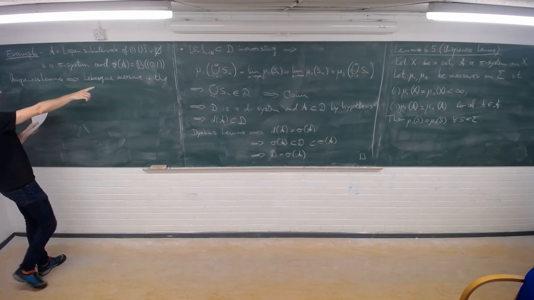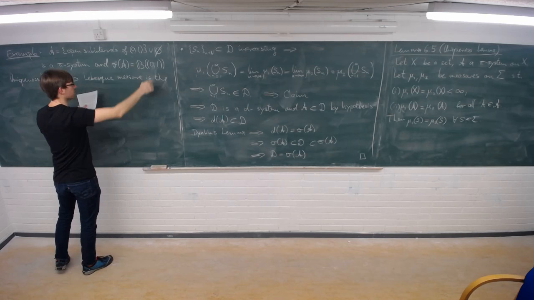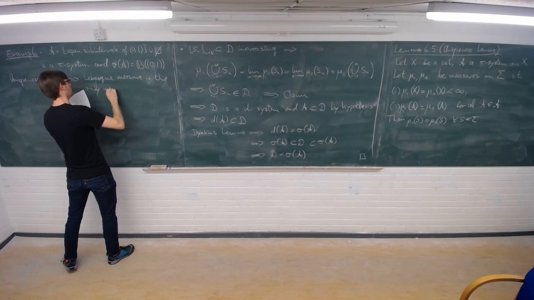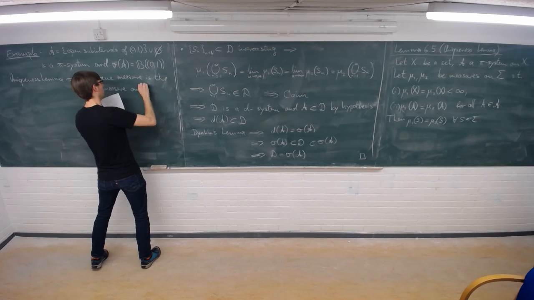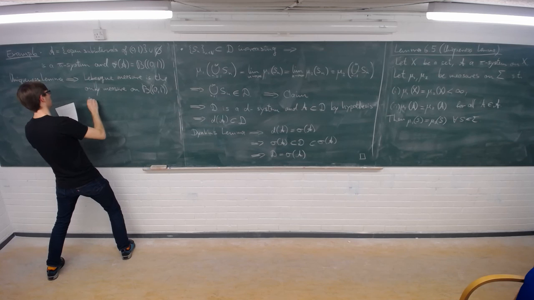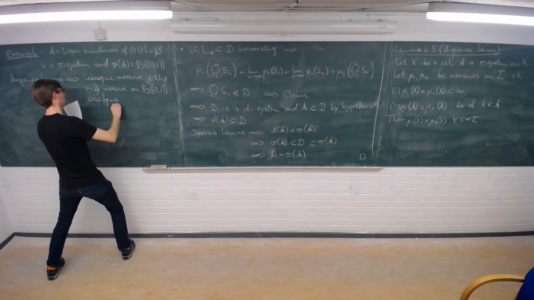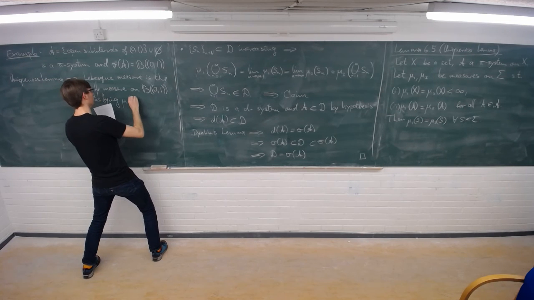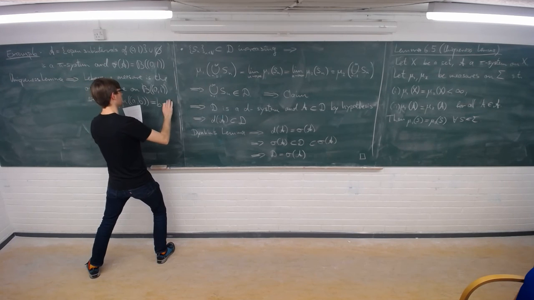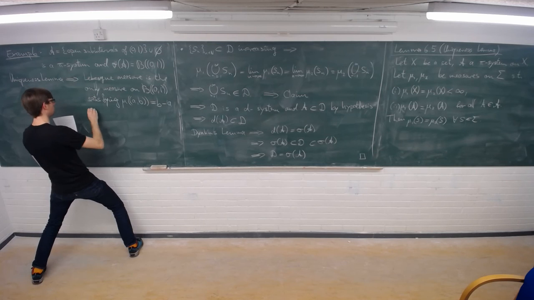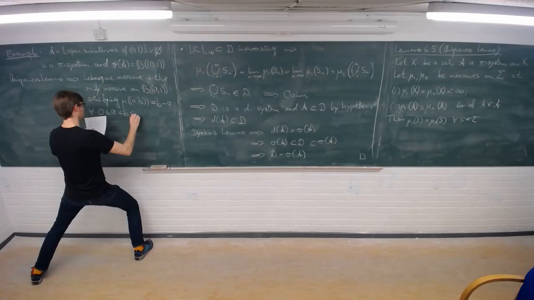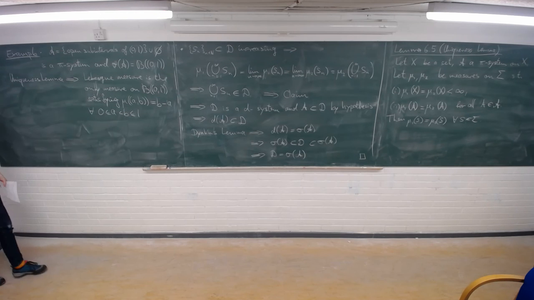By the uniqueness lemma, the Lebesgue measure on the Borel sigma algebra of 0, 1 is the only measure satisfying mu of the interval from A to B is B minus A. Right?